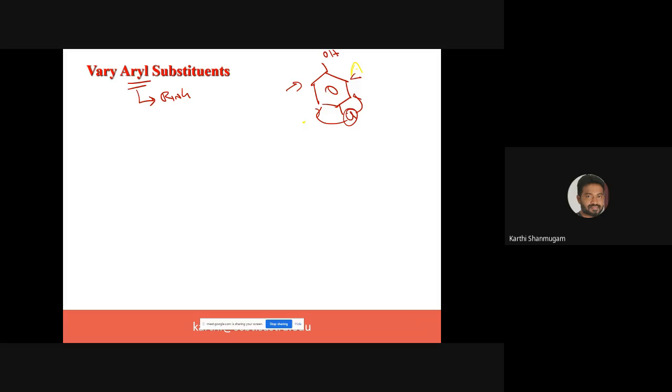As you studied in basic organic chemistry, with respect to this OH, this is the ortho position, this is the meta position, and this is the para position. So we can change the position of the substituent with respect to some functional group. That is what is called varying aryl substituents.